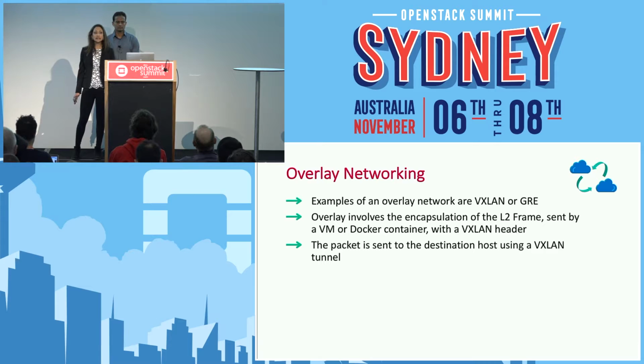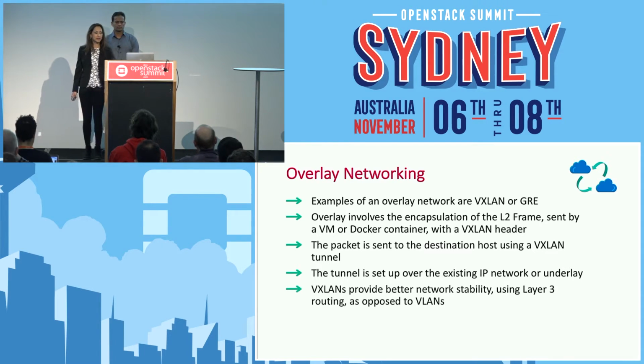The packet is sent to the destination host using a VXLAN tunnel. This tunnel is set up over an existing IP network, which is called the underlay. VXLANs are preferred because they provide better network stability as compared to VLANs, and they make use of layer 3 routing.